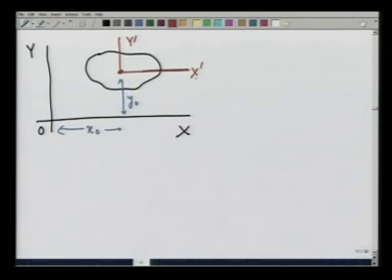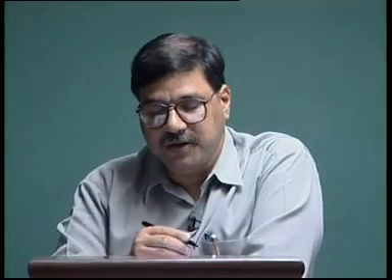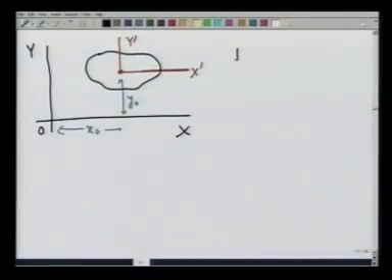X prime is parallel to x and y prime is parallel to y, and we want to now show that Ixx and Ix prime are related by a very simple theorem, and so are the other moments. Thus, Ixx is equal to integral y squared dA.